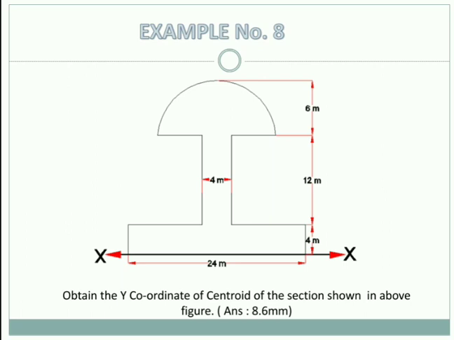We need not find x bar, we have to just locate y bar with respect to the x axis, which is given. On top you have a semicircle that becomes the first element, which has a radius of 6 meters. Then your second element will be a rectangle of height 12 meters, width 4 meters, and the third element will be a bottom rectangle of width 24 meters and depth 4 meters.